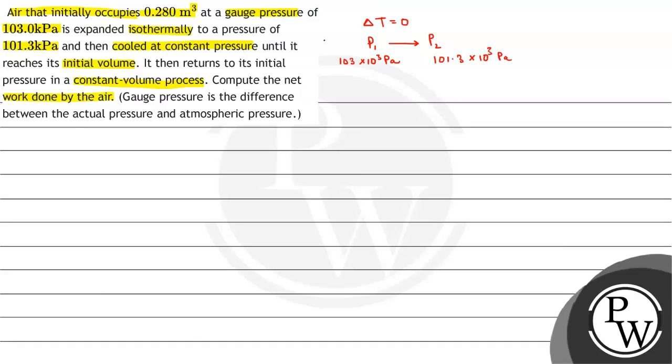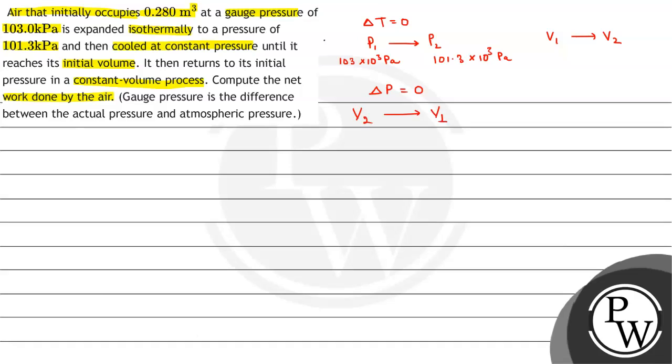Okay, now the second is cooled at constant pressure. So pressure is kept constant second time and it reaches its initial volume. Here the volume would have been changed V1 to V2, so from here V2 will come back to V1.